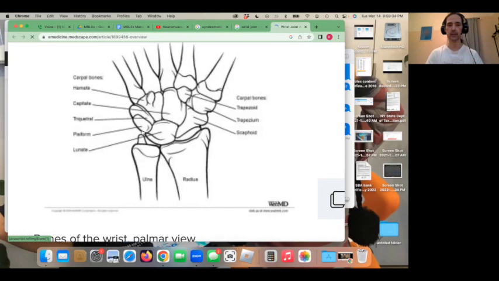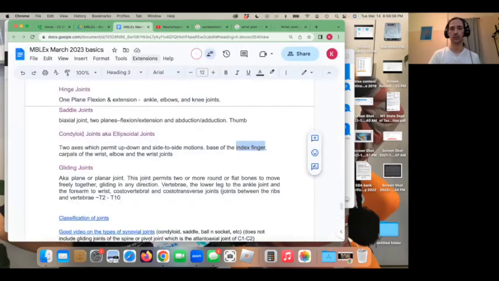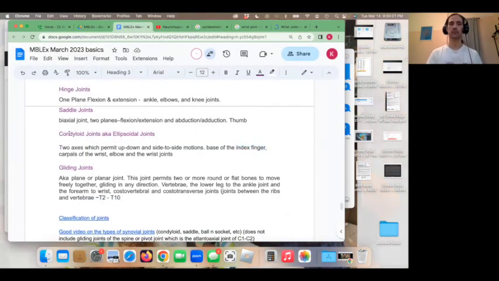And these carpals all together are like an ellipse shaped ball. A ball is round, like a sphere. An ellipse is more oblong, like an oval, right? So these are shaped like an oval on top, and this is an ellipse shaped socket. Ellipsoid or condyloid. I'll see the word condyloid used predominantly.